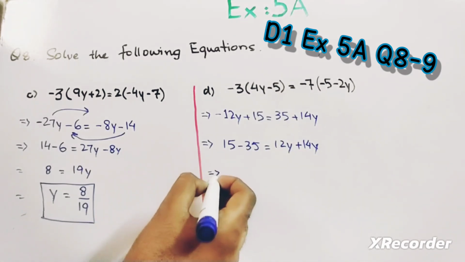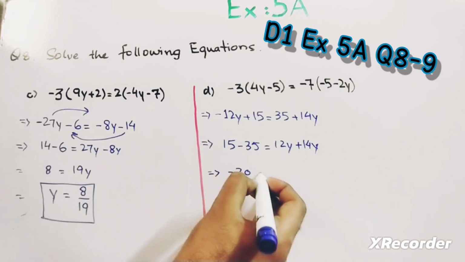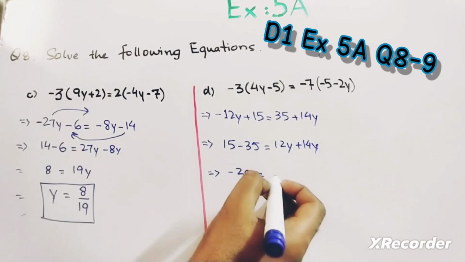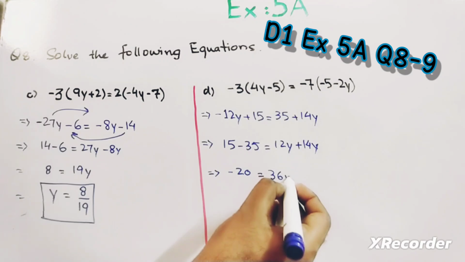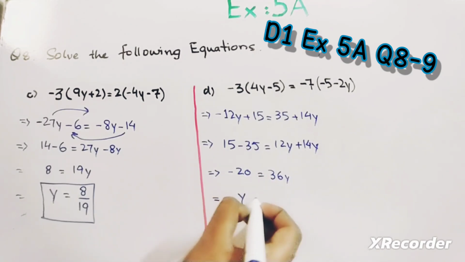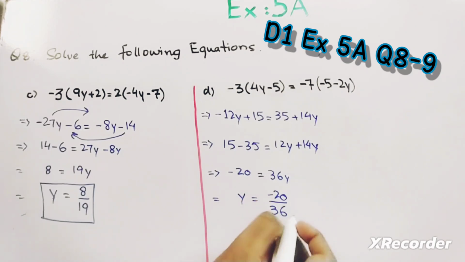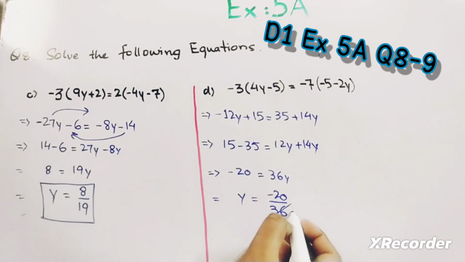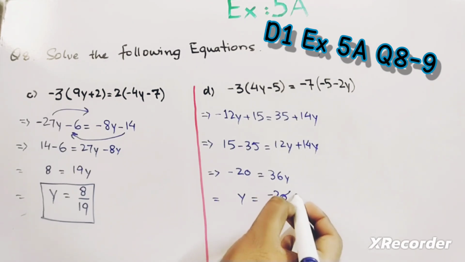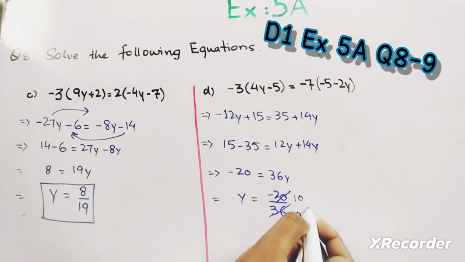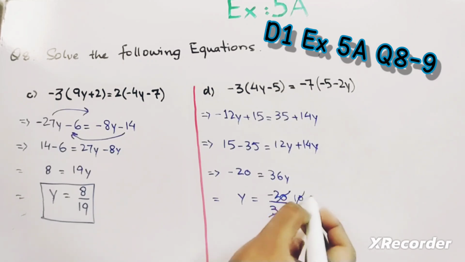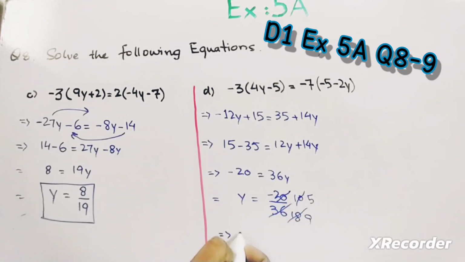Now 15 less 35 is minus 20, is equal to 12y plus 14y, which become 36y, and y will become minus 20 upon 36. 2 times 18 is 36, 2 times 10 is 20. Similarly, 2 times 9 is 18, 2 times 5 is 10. So our y will become minus 5 upon 9, and that is our required answer.